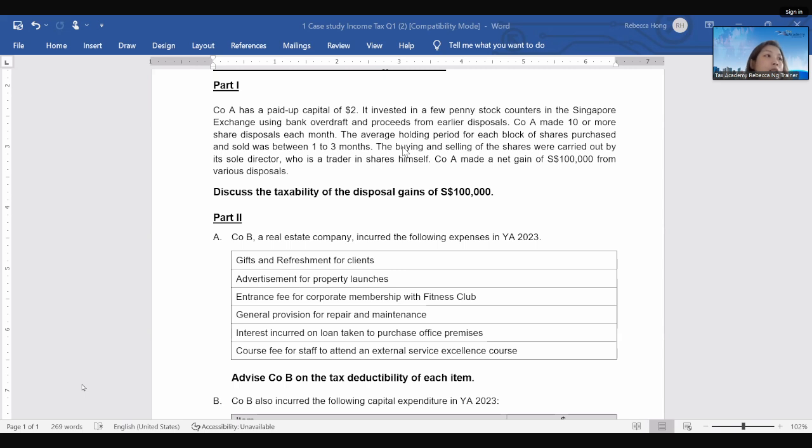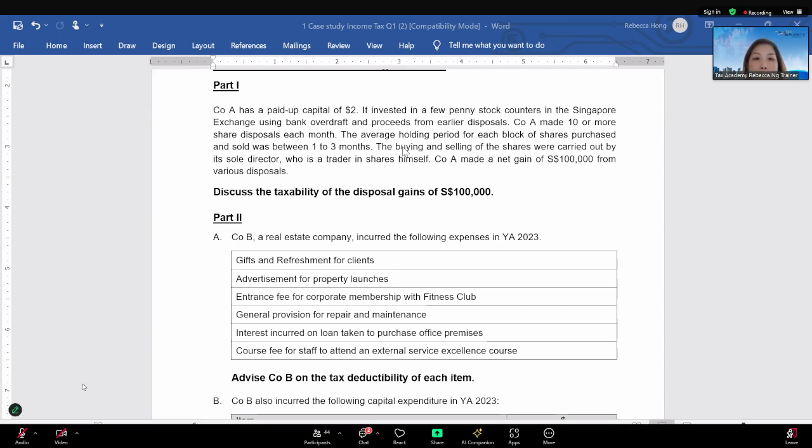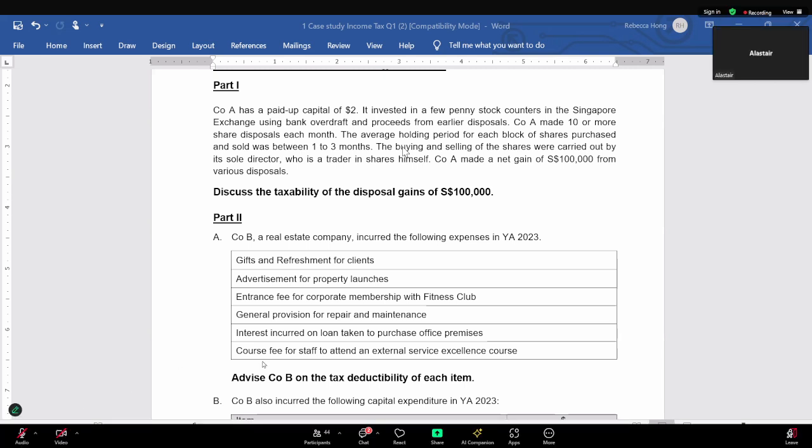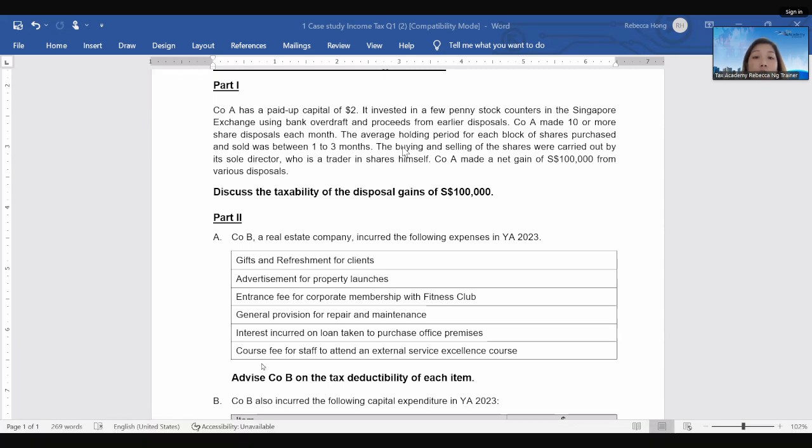Okay. And what are the circumstances responsible for the sale? He's a trader. Yes, he's a trader. And it could also be because he could not hold the shares for the long term, as they are financed by bank overdrafts, right?